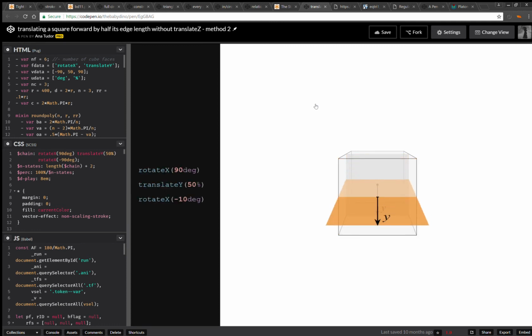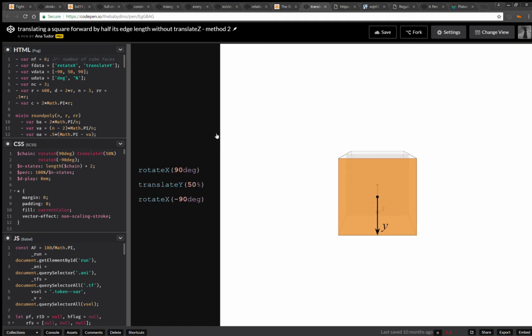So the way we can emulate this with an equivalent transform chain is rotate by 90 degrees along the x-axis. This brings the y-axis where the z-axis used to be. So this rotates the whole element and its local system of coordinates such that its y-axis doesn't point down anymore.